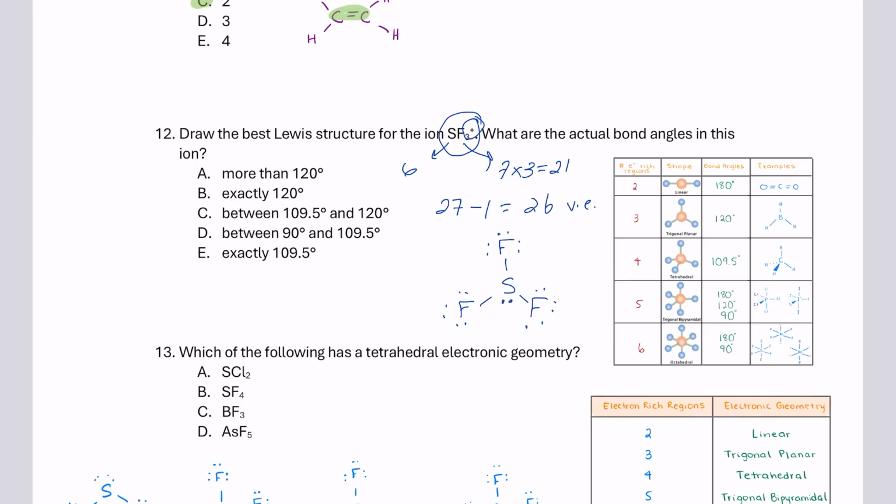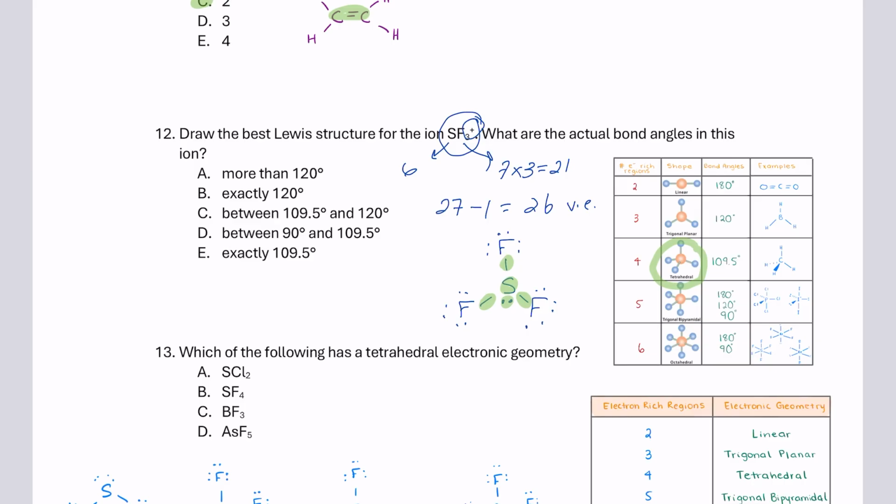From here, we need to determine how many electron-rich regions surround this sulfur atom. We have 1, 2, 3, 4 electron-rich regions, which means this ion has a tetrahedral electronic geometry. The ideal bond angle for this is 109.5 degrees. This would be the bond angle if the molecule was nonpolar.